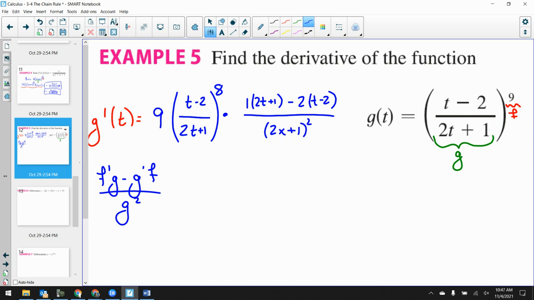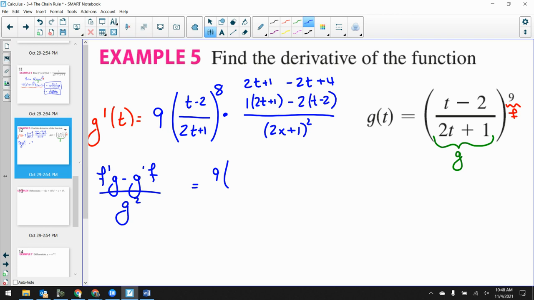And now from here, that's just reducing. And that's fun. So we've got 9. Let's reduce this up here, because this is 2t plus 1 minus 2t plus 4, right? Just distributing into negative 2.